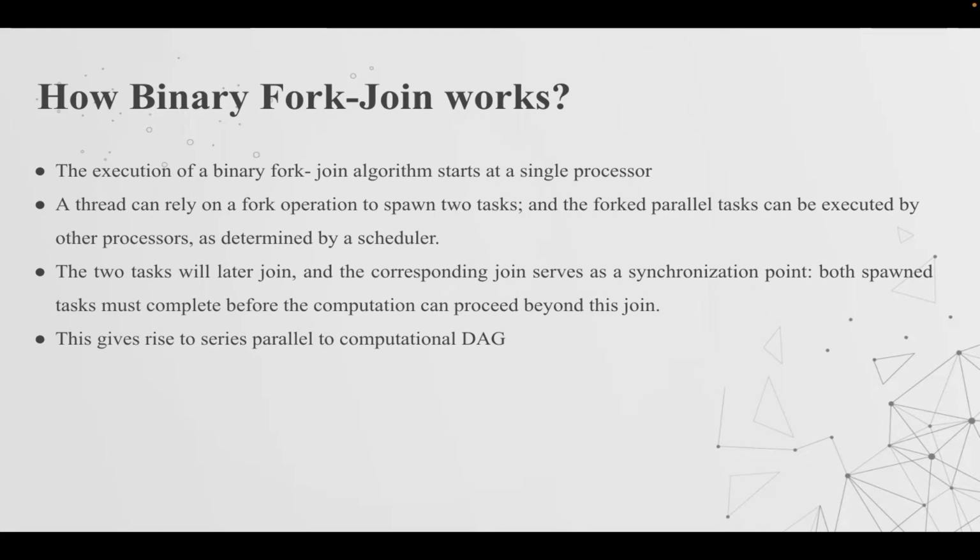The thread can also rely on fork operations to spawn two tasks, and the forked parallel task can be executed by another processor as determined by the scheduler. The two tasks will later join, and the corresponding join serves as a synchronization point. Both spawned tasks must complete before the computation can proceed beyond this join. This gives rise to the series-parallel computational DAG.